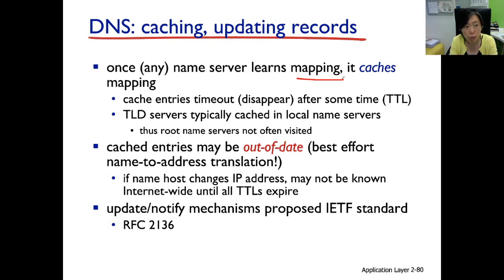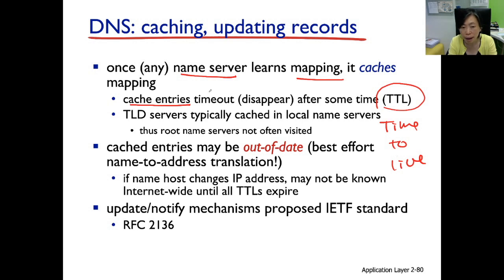So let's go on to DNS caching. Each of these mappings will be stored at the name servers once they acquire them the first time. So these entries will be there on the server's disk for some time. The interval is called the TTL, which stands for time to live. During this time, the entries stay.